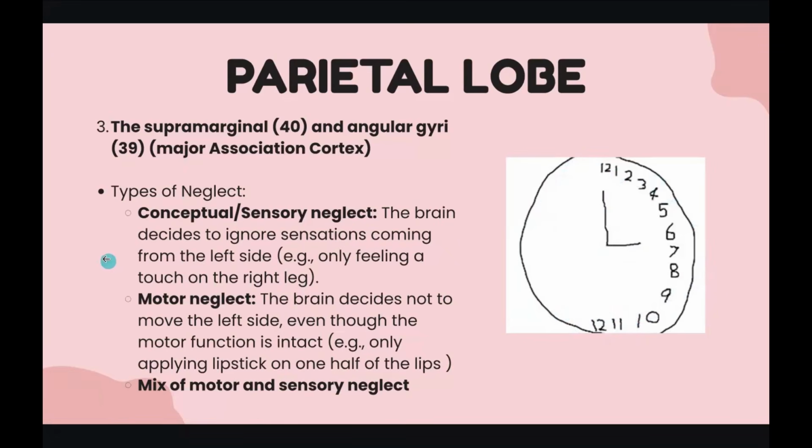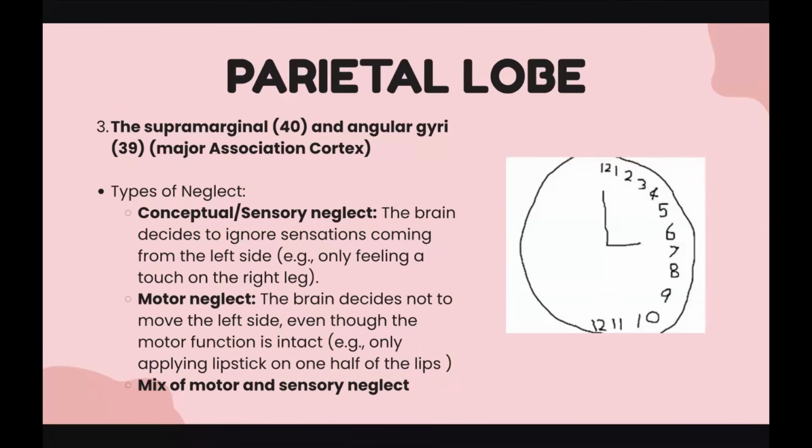All right. There are types of neglect. It's not just motor neglect. There is sensory neglect, which is their brain ignoring sensations from the affected side. So they do not feel anything, any touch or any sensation, on that side.